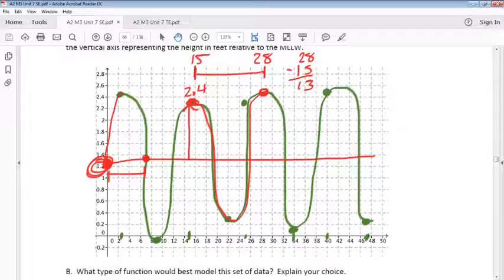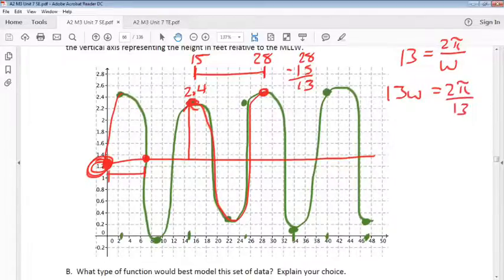What did we say our period was? 13. Okay, if our period's 13, we have 2 pi. What does omega have to be? We get 13 times omega equals 2 pi. Oh, then we divide by 13, right? Okay, cool. So omega equals 2 pi over 13. So it is what I said. That's going to be the omega.